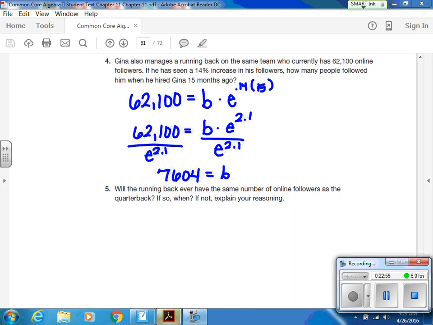Will the running back ever have the same number of online followers that the quarterback has? If so, when? If not, why not? They care, okay? It's kind of a big deal for them. They want to have the most.